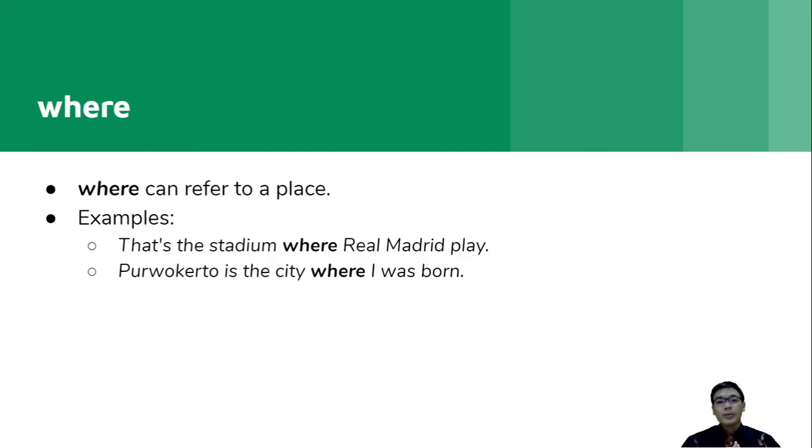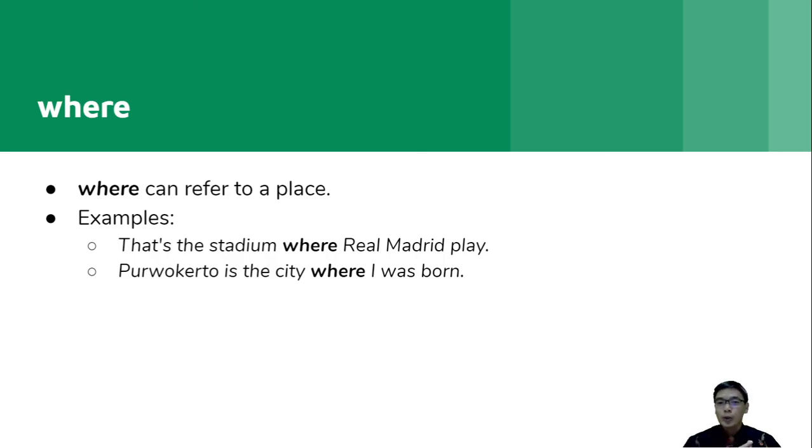Okay, three relative pronouns. Let's continue to the next one. Where can refer to a place. So when we are talking about a place, we use where. That's the stadium where Real Madrid play. We use where because the stadium shows the place. Purwokerto is the city where I was born. I'm going to explain the city as a place, so that's why I use where.